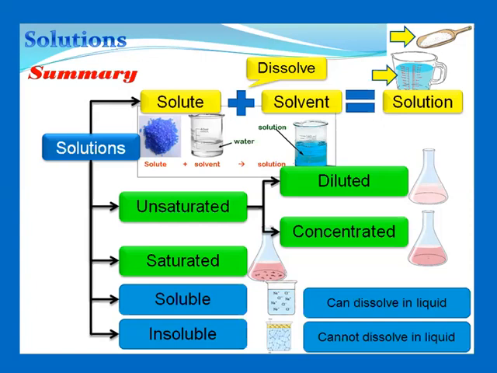Its particles can pass through filter paper and are quite stable. Whereas suspensions are heterogeneous mixtures, whose particles can easily be seen by naked eyes as they are bigger in size. When left undisturbed, the particles settle down, hence it is unstable.